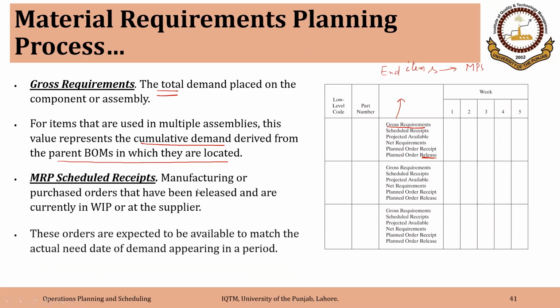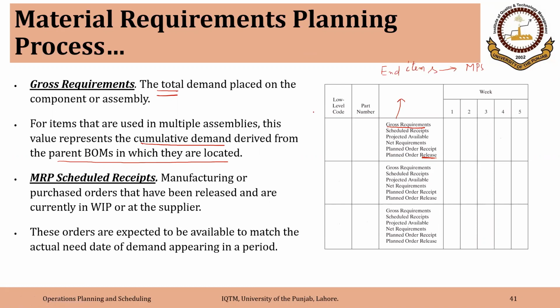Then we have scheduled receipts: manufacturing or purchase orders that have been released and are currently in the work in process or at the supplier. So you have already released the order for purchasing or manufacturing the components, but you have not received that order. Either it is in the work in process of your organization, or it is still with the supplier, who has not supplied it yet.